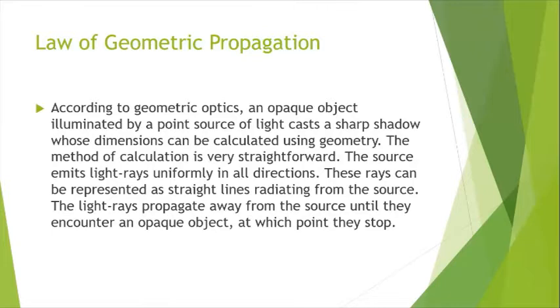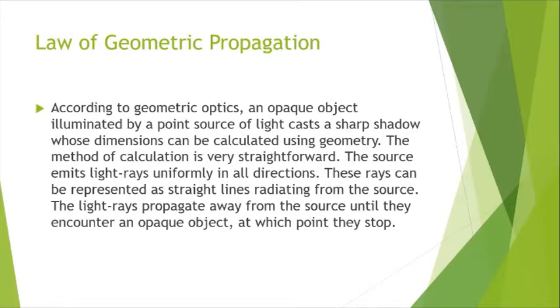Okay, now we will discuss the law of geometric propagation. Ano ba yung law of geometric propagation? According to geometric optics, an opaque object illuminated by a point source of light casts a sharp shadow whose dimensions can be calculated using geometry. The method of calculation is very straightforward.